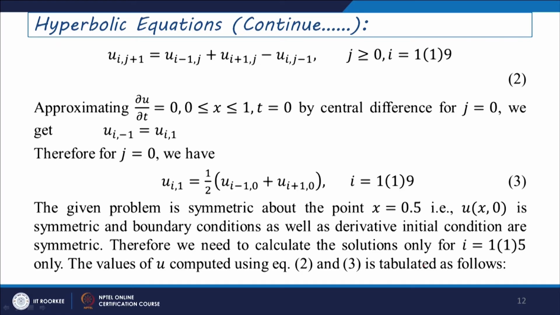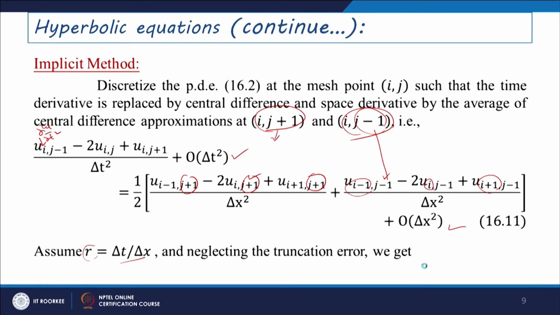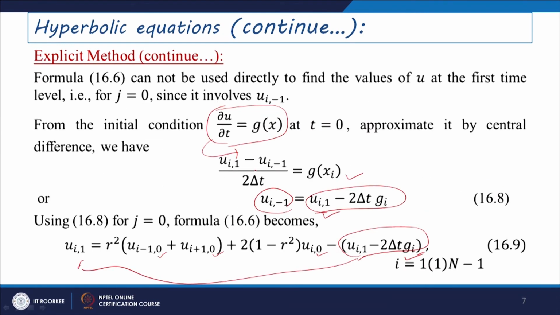And if we approximate the derivative del u by del t equals 0, where x lies between 0 and 1 and t equals 0, by central difference approximation for j equals 0, we can obtain del u by del t written as u i 1 minus u i minus 1 by 2 del t equals g x i, and u i minus 1 is defined as u i 1 minus 2 del t into g i.